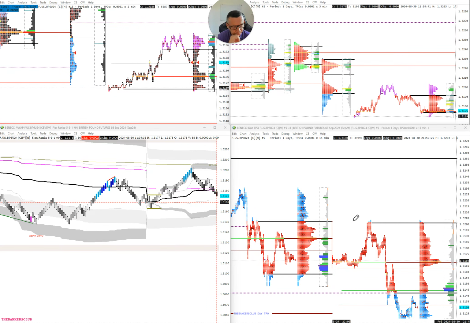Also, just for reference, what gave me more confidence in taking this trade was, we can see on the previous day we've got this huge sell-off here, which I'm guessing was probably a news event. It probably was, to be fair. So when price arrives at this level here, previous day value area high, I know price isn't happy to trade in this area, and the reason why I know that is because on the previous day we've had this sell-off.